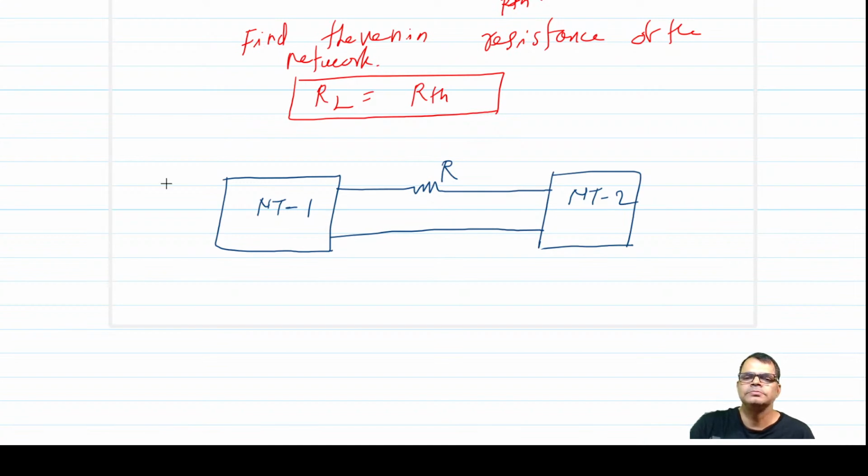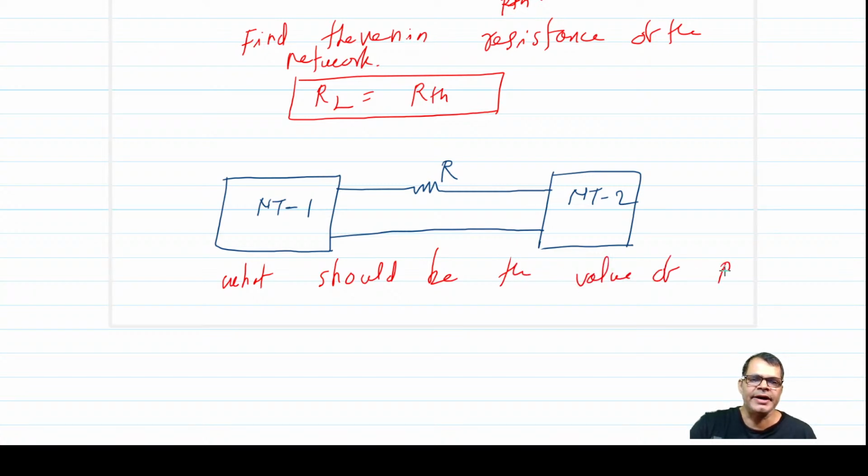What should be the value of R in this case for maximum power transfer?